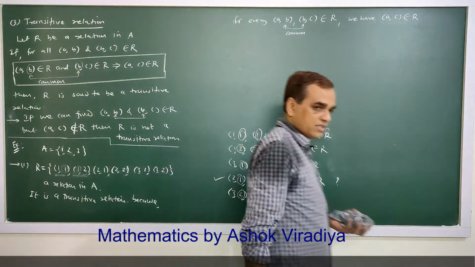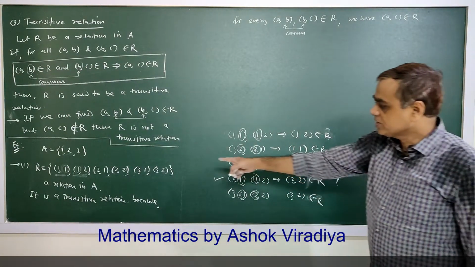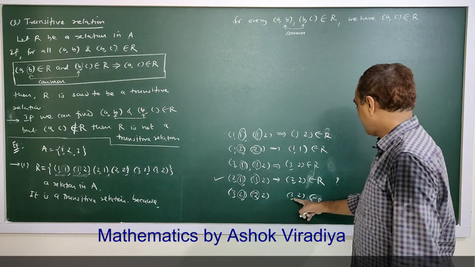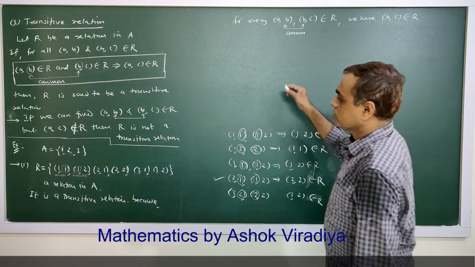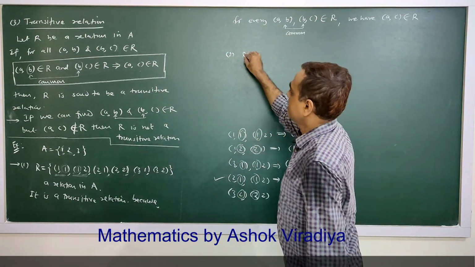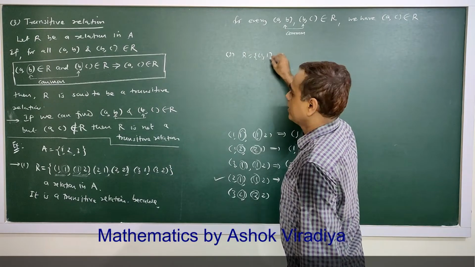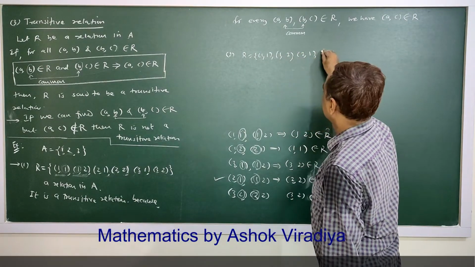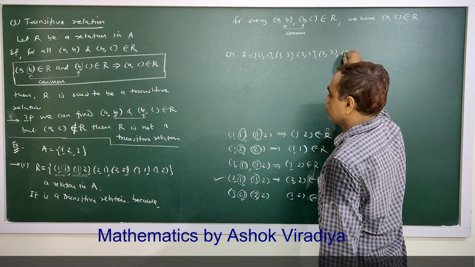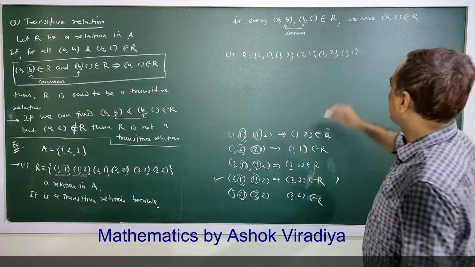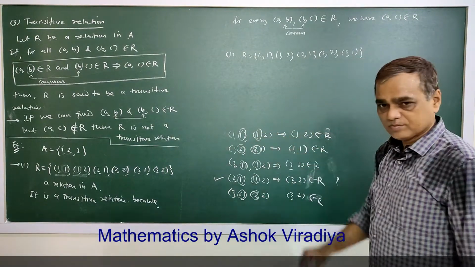Now as discussed, if I remove this last element (3, 2), here I am removing (3, 2). So second, if R is equal to {(1,1), (1,2), (2,1), (2,2), (3,1)}, now I do not include (3, 2).